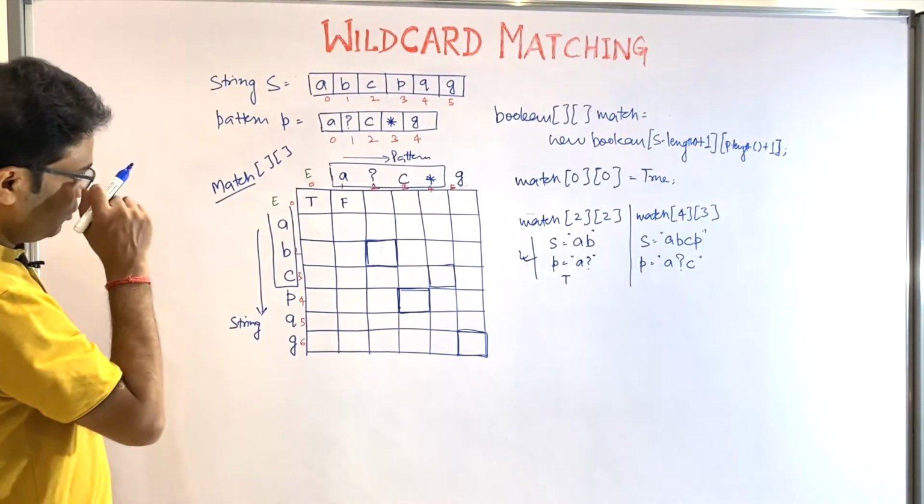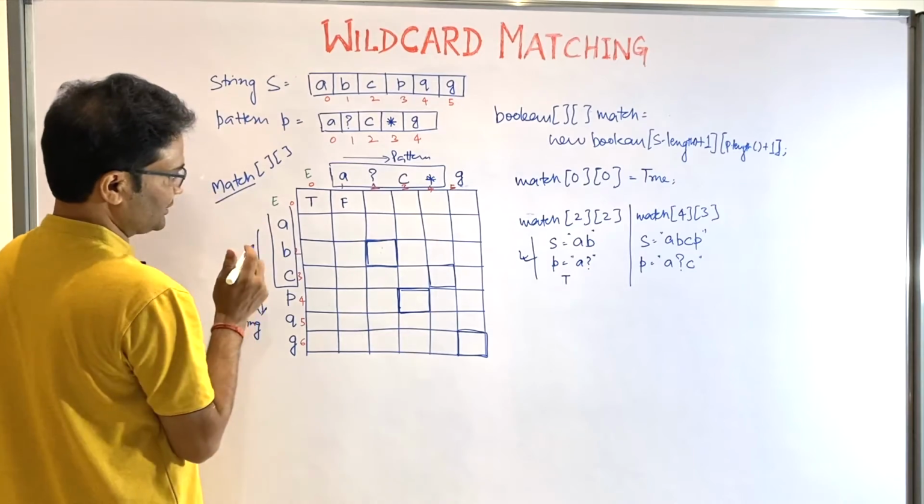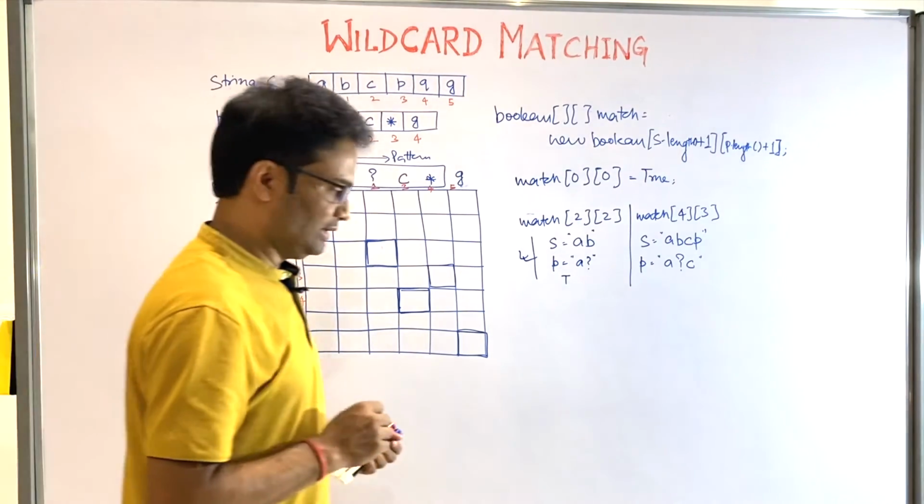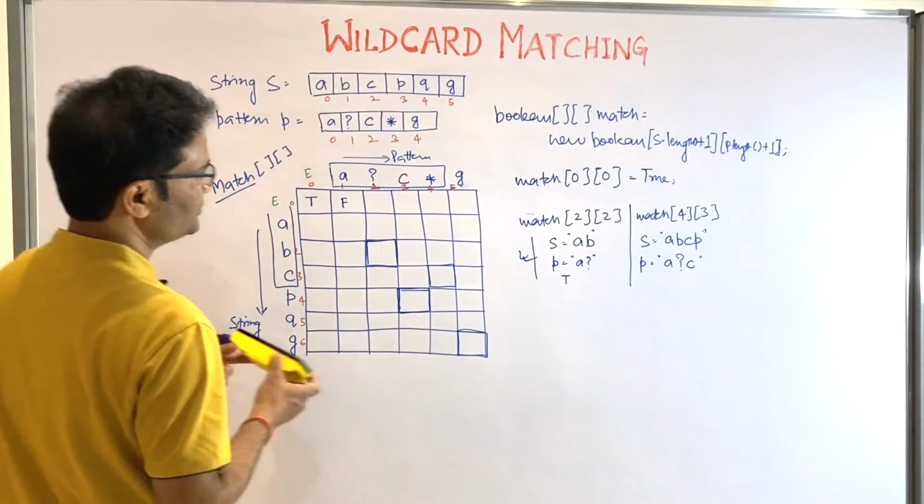Okay, so now see one by one here. How do we do that? Actually we will follow three logics here.